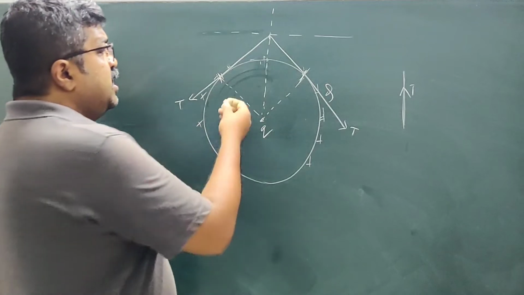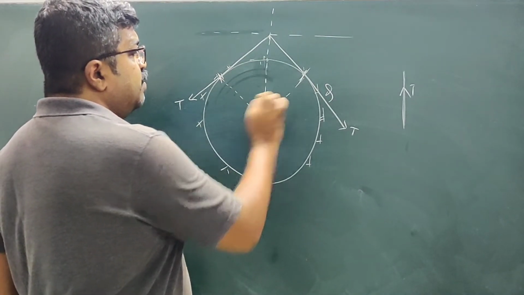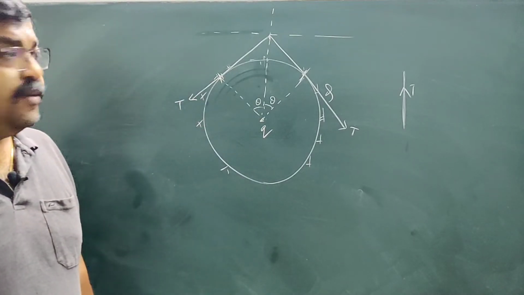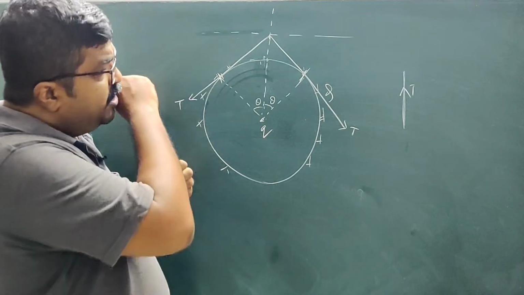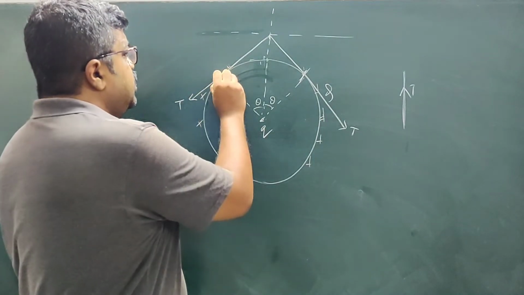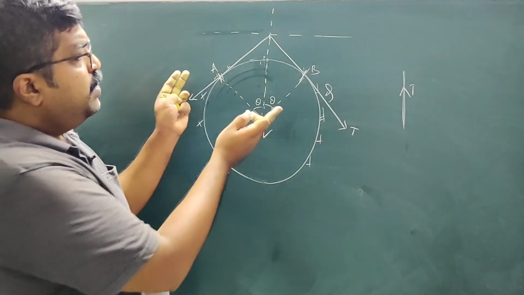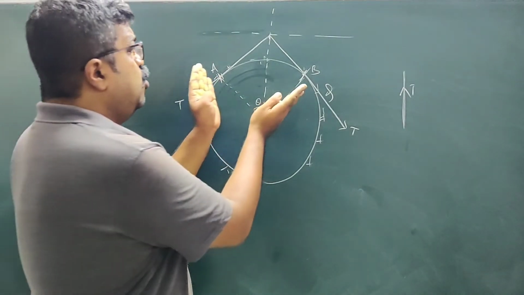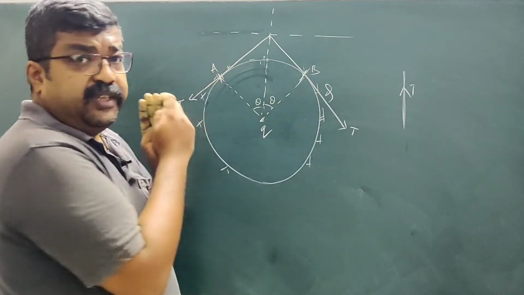Now obviously, by symmetry, these two angles have to be equal. Another observation is, suppose this is point A and this is point B. If I bring A and B close to each other, this theta will start decreasing.